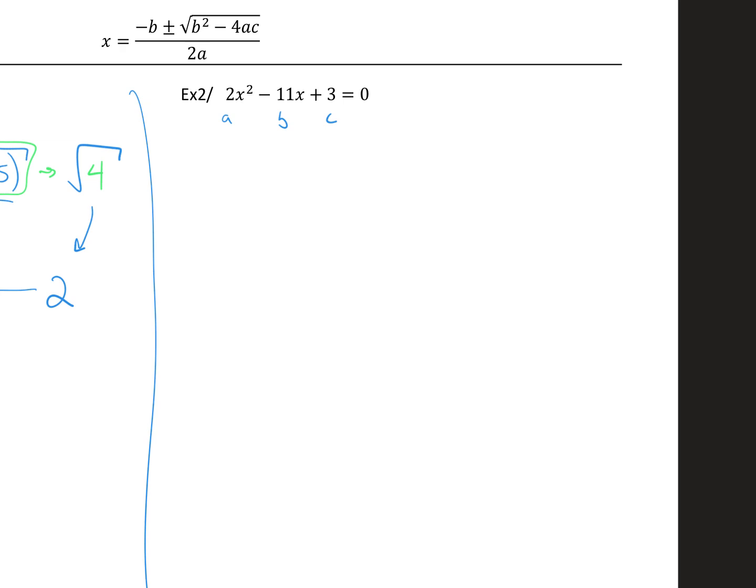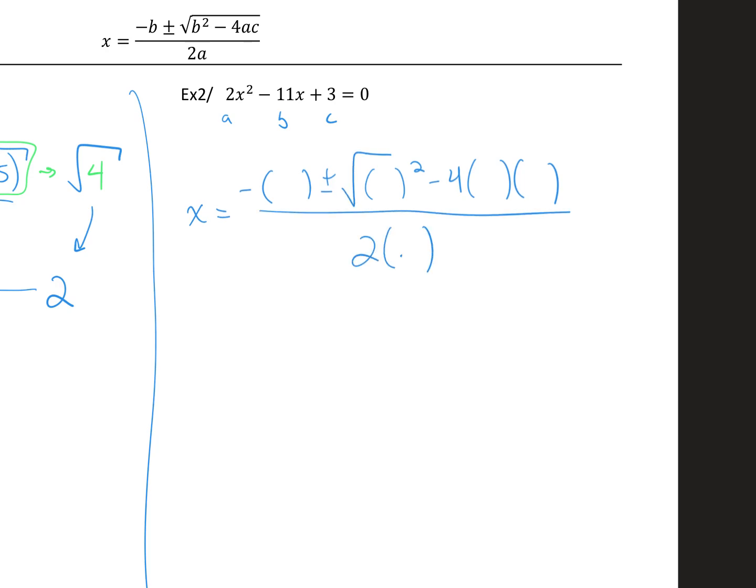Then we can write down the quadratic formula without any letters in it. Two times a. Okay, and we can substitute all of the numbers in. B is -11, B is -11, A is 2, C is 3, and A is 2.